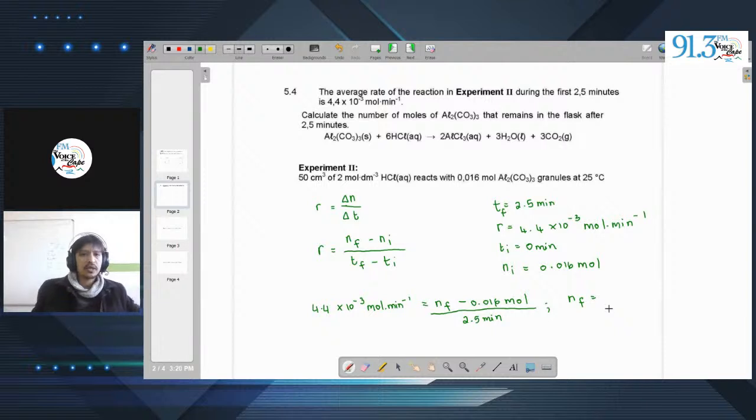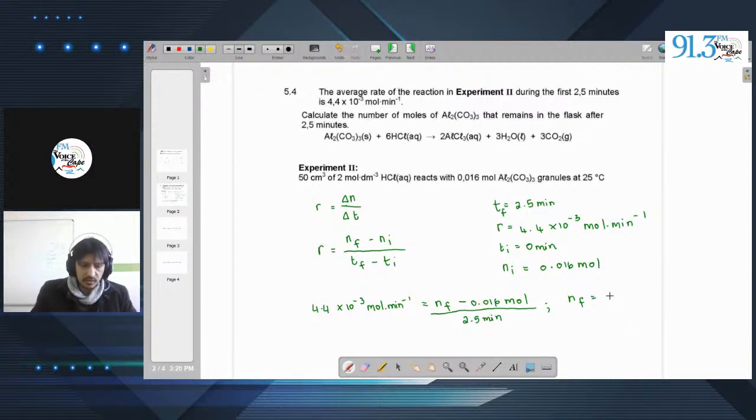Now we multiply this by this, and we'll end up with NF is equal to 4.4 times 10 to the minus 3 times 2.5. That gives me a value of 0.011. We add that to the 0.016 because it's going to come over.